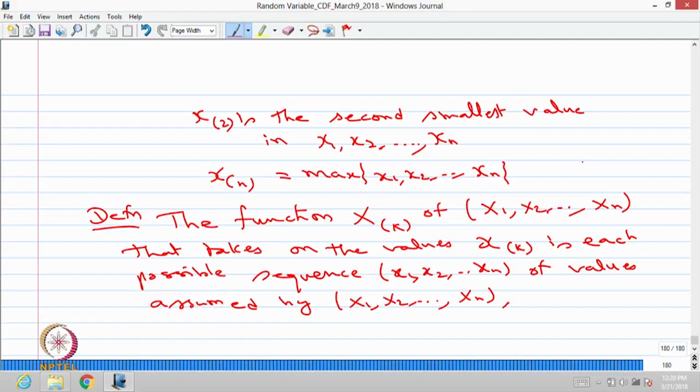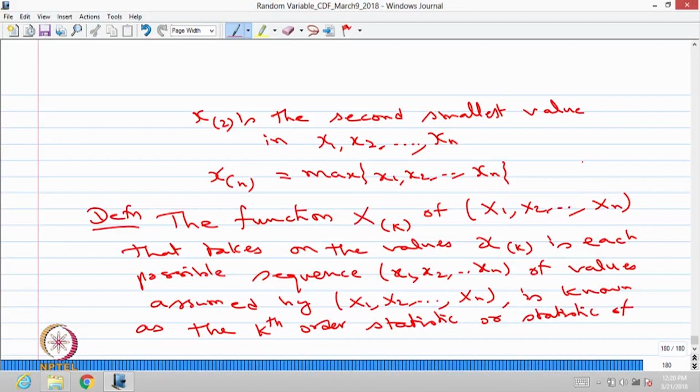That function, the capital X bracket k, is known as the kth order statistic, or statistic of kth order, statistic of order k.